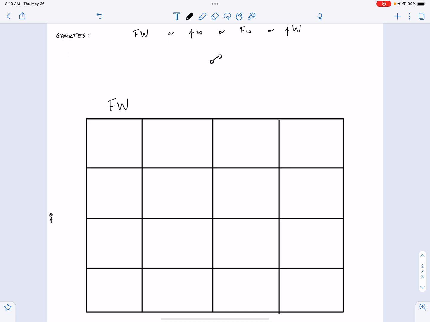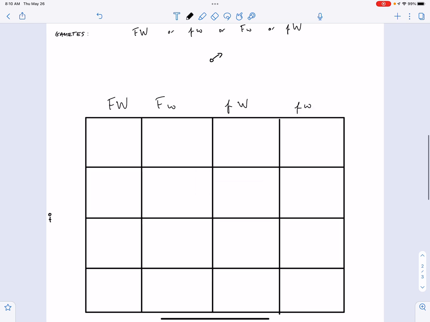So this is lots of writing. Capital F, capital W, capital F, lowercase w, lowercase f, capital W, lowercase f, lowercase w. And then the same thing down this side.